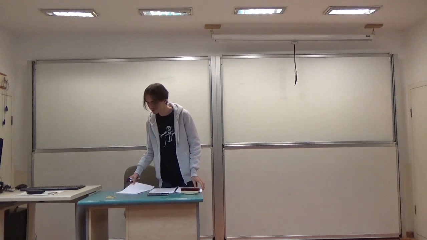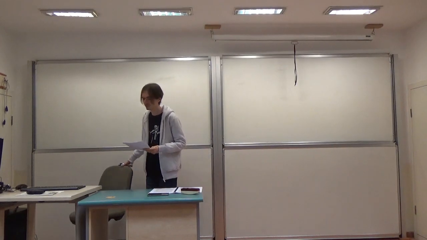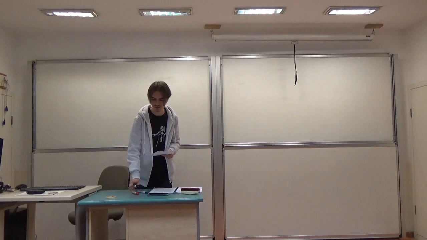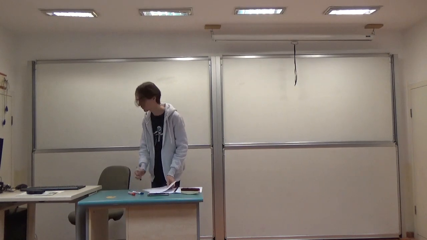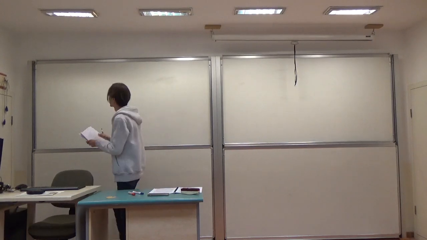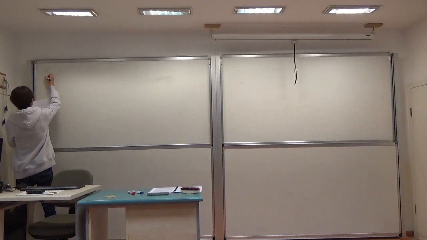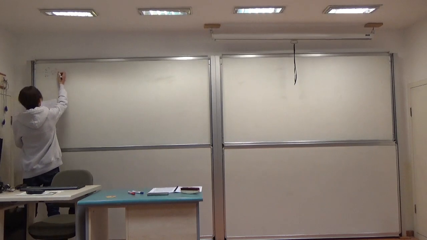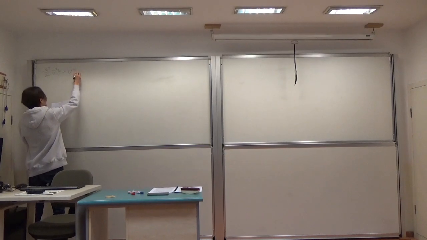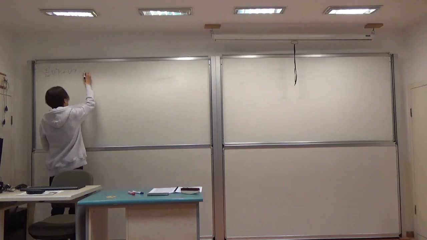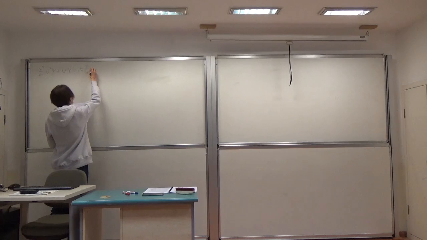Today we will do perturbation. Let me start by writing the time-dependent Schrödinger equation from last time, which is minus h bar squared over 2m, the Laplacian of psi, plus potential energy times psi, equals i h bar times the time derivative of psi.